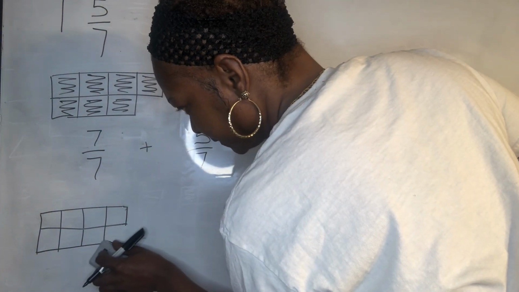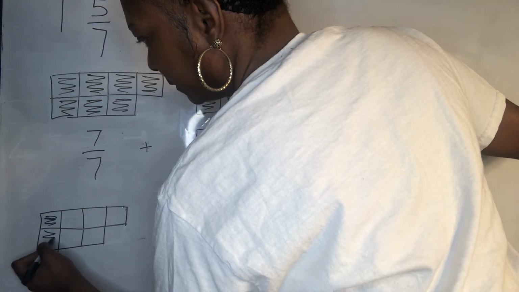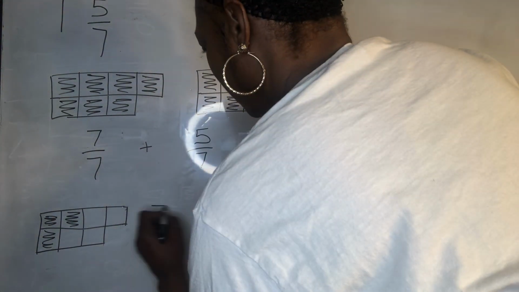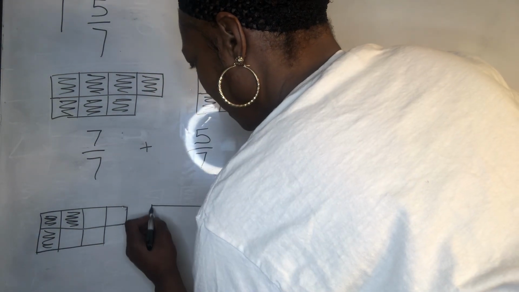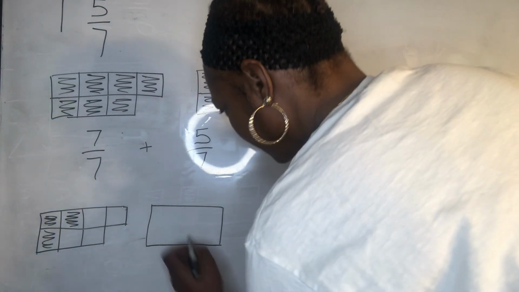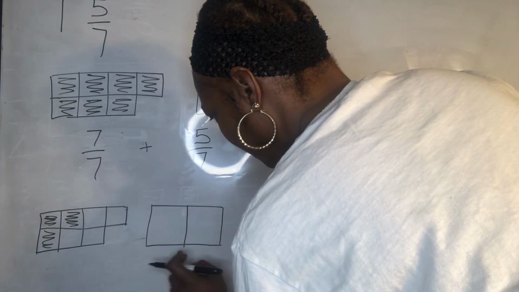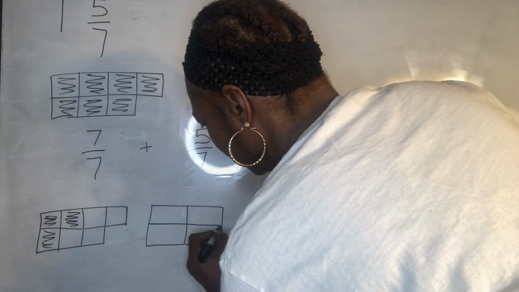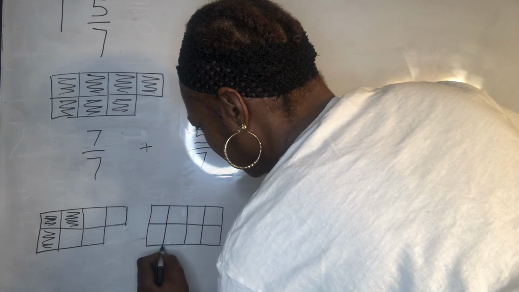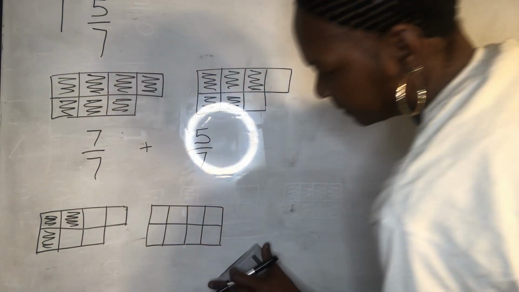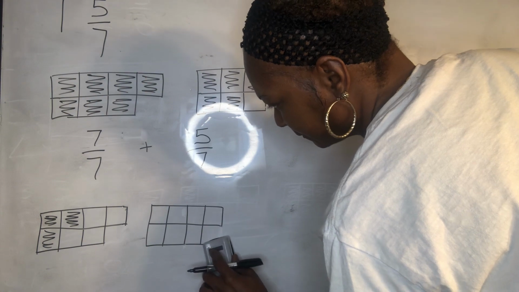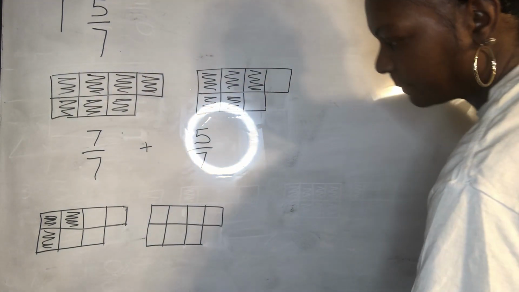And now we can shade in 1, 2, 3. I'm just shading 3. And then I'm going to come over here. Oops. I'm going to make another one. Then I'm going to split this one off. And on this one, guys, I'm going to shade in 4.